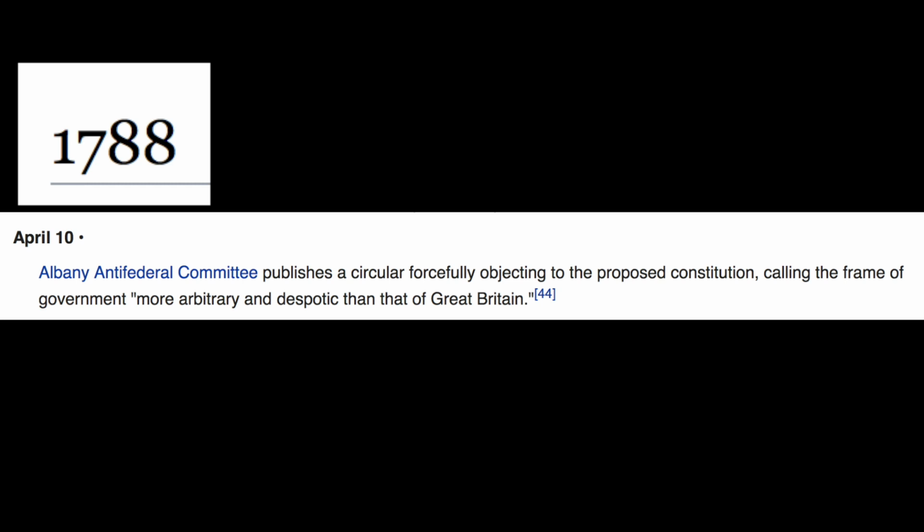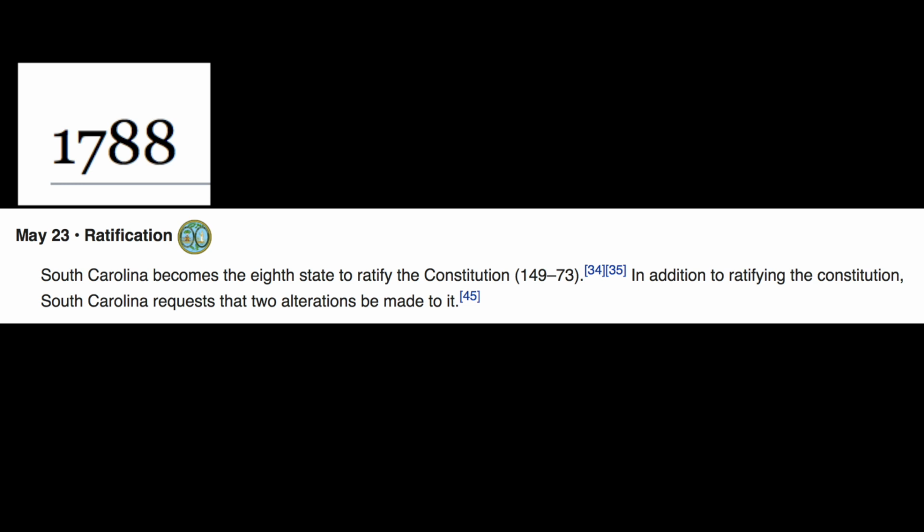So going on to South Carolina now. We're in May 23rd, 1788. South Carolina becomes the 8th state to ratify the Constitution. Remember, we're going to jump around because I'm trying to cover the states that ratified the Constitution with the request that alterations be made.